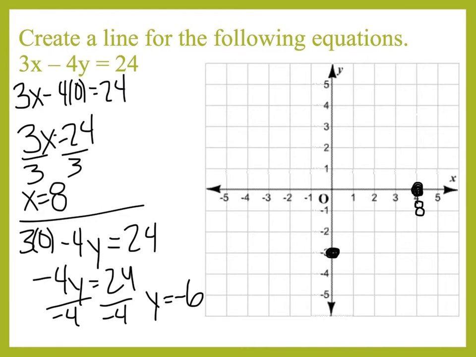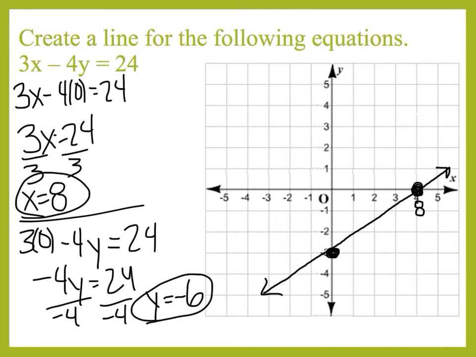Now we have 2 points on a line, so I can draw this line to look something like that. That's how I would graph the equation, using my x and y intercepts. X is where the line crosses the x-axis, y is where the line crosses the y-axis.